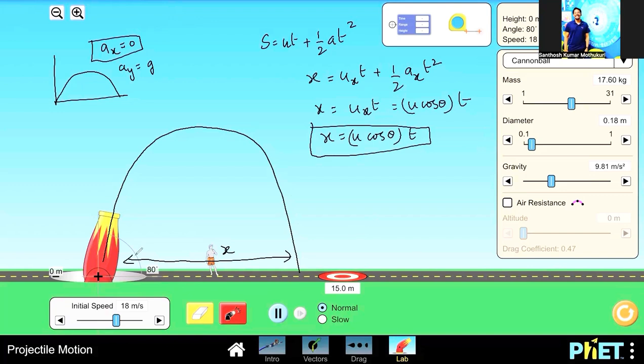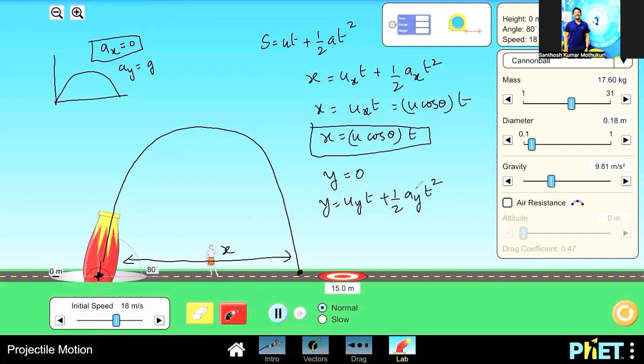For that, I will take vertical displacement, because by the moment the projectile starts from here and ends up here, my vertical displacement would be zero. So y is equal to uyt plus 1 by 2 ayt squared.